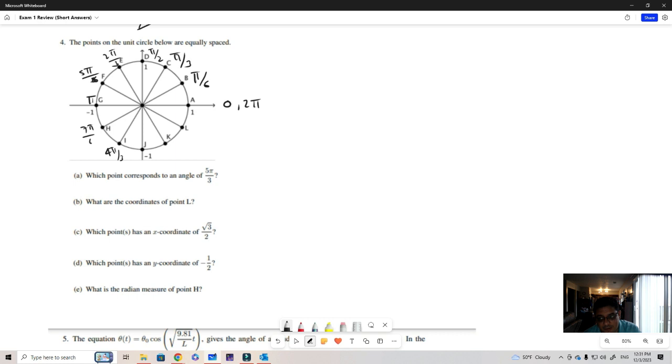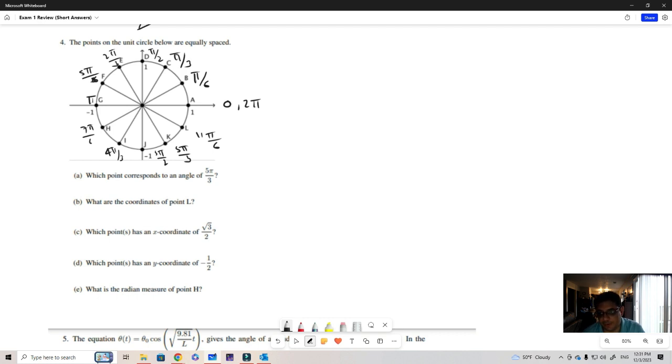Here we have 9 pi over 6, which is equivalent to 3 pi over 2. This one here will be 5 pi over 3, and this will be 11 pi over 6. Everything depends on how much we divided the circle.